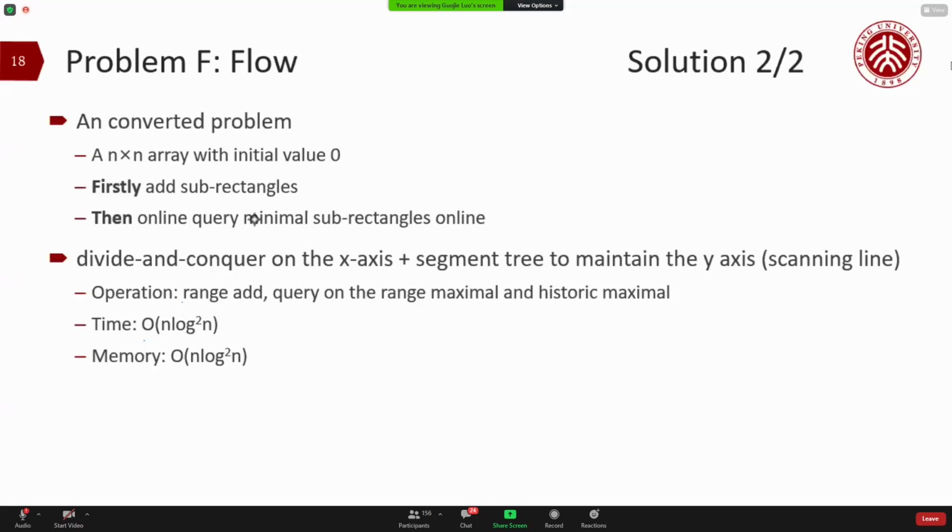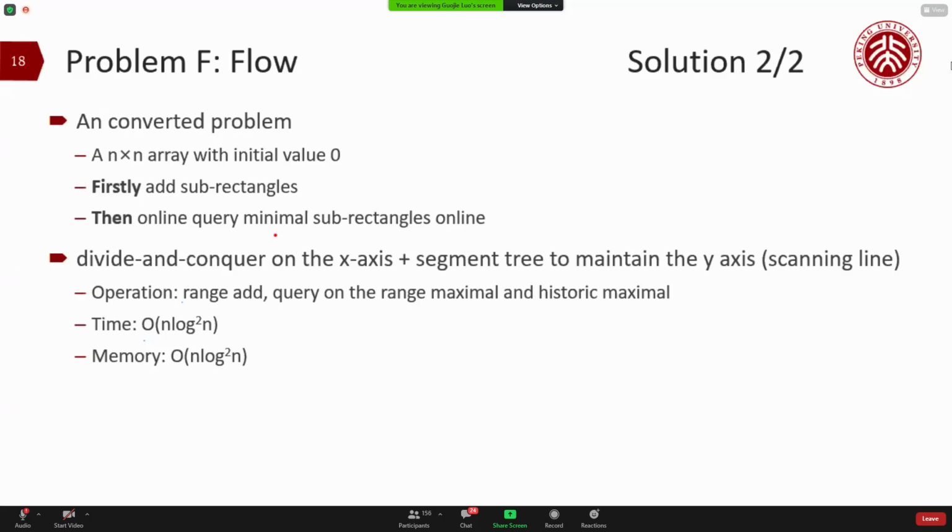To compute Cij, we perform online queries, querying the minimal value over subrectangles in Aij. Aij is the property I just mentioned. It cuts the segment from I from the others. So we can just do a minimum query on Aij to get the min cut Cij.